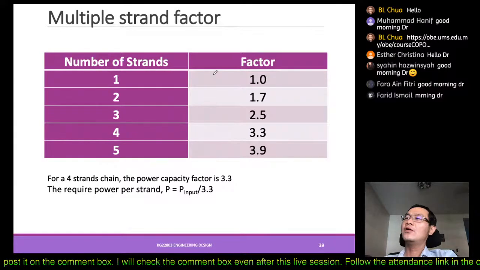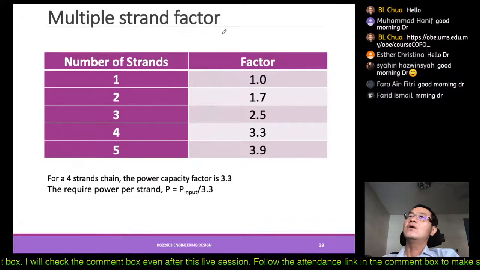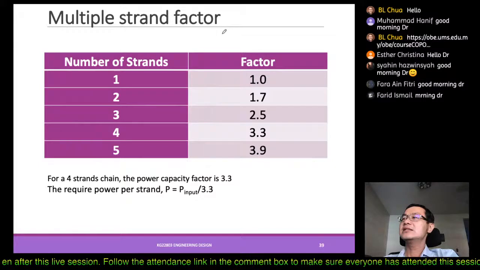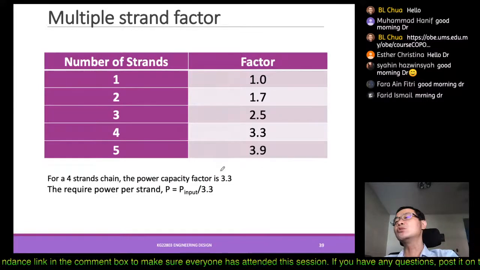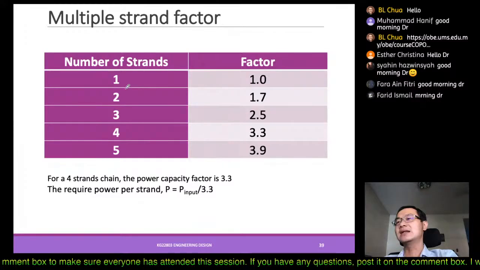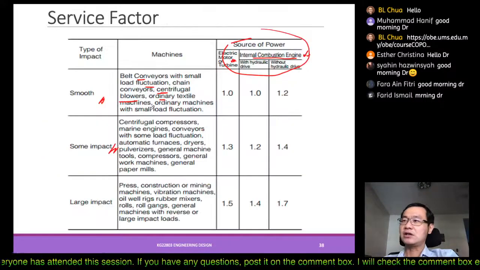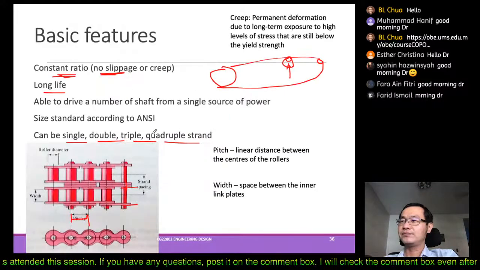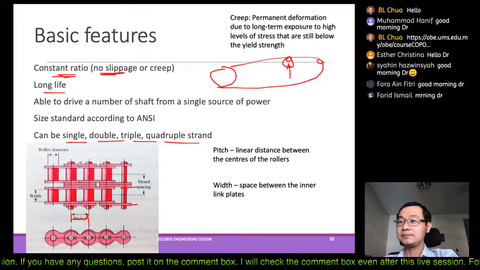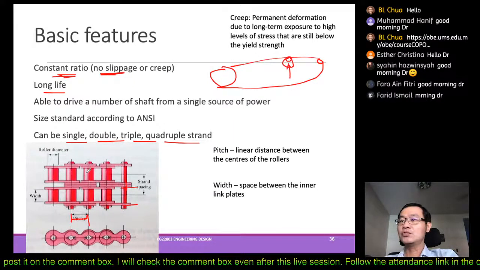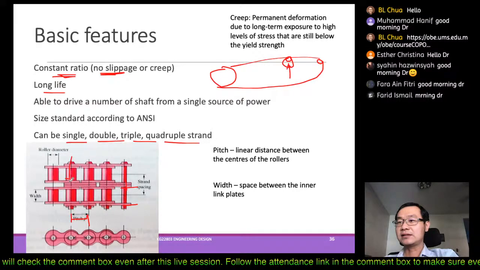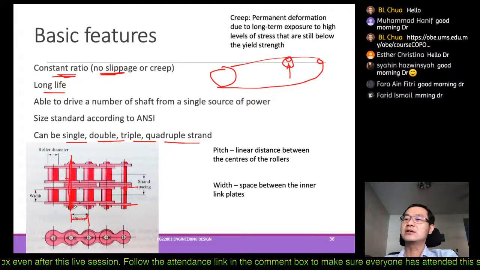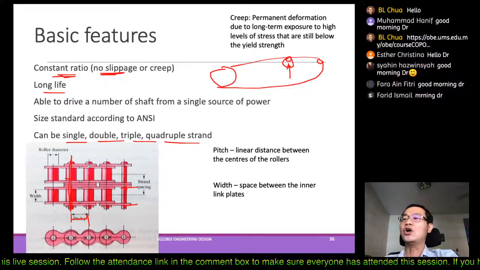But for chain drive design, we do not divide by the number of strands, because of the construction of the chain. You will see that they are actually connected through maybe a single roller or pin.